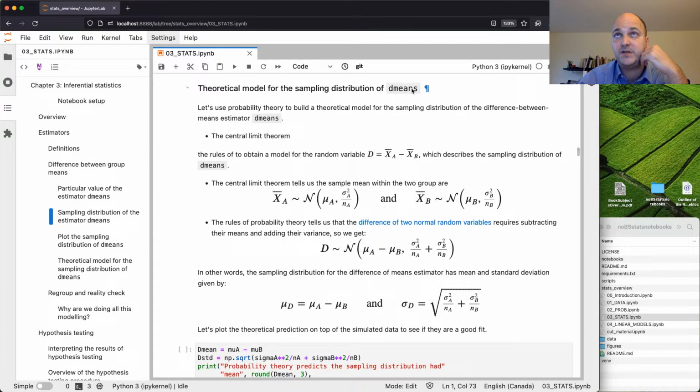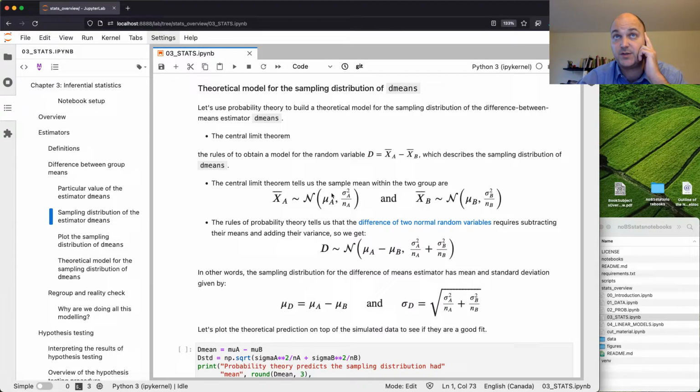So D, this statistic, the difference between group means, we can use math to get a distribution for D. It's a two-step process.